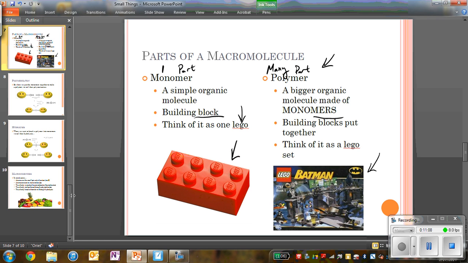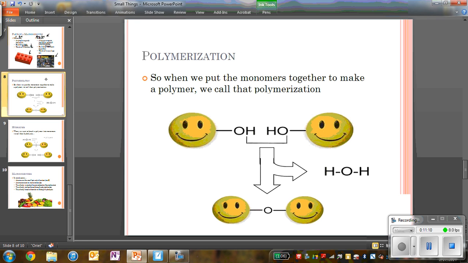So how do we put those together? Very simply, it's called polymerization. And polymerization is when you put these monomers together. So through polymerization, basically every monomer has these connection points. This is what we would call a connection.